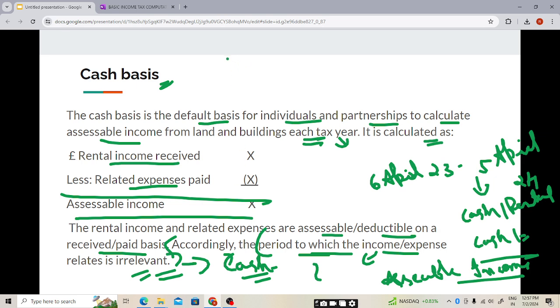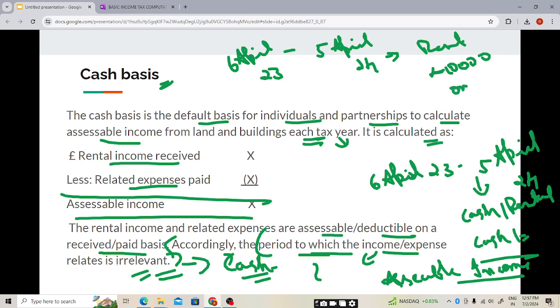For example, I am letting my property from 6th April 2023 to 5th April 2024, but the tenant has paid me the rent of £10,000 on 10th April 2024.